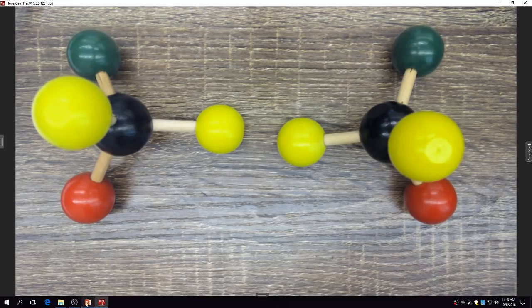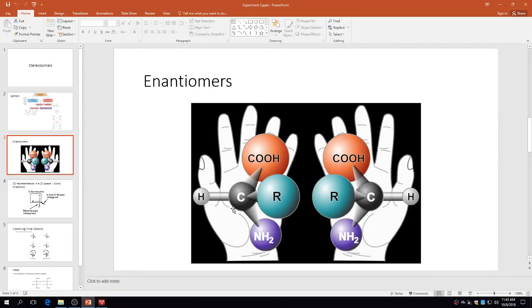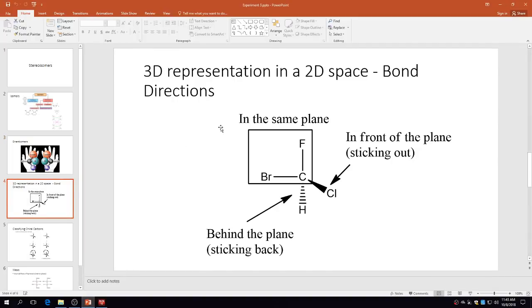All right, so now I want to switch back over to this. All right, so here's 2 different groups. A couple of things we need to know about 3D versus 2D representations, because this will come up when you're trying to determine whether something is R or S. And that is that anything that's written with a solid line like this, okay, means in the plane.